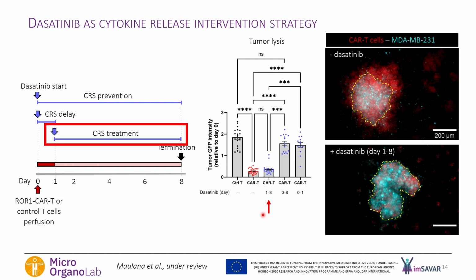So this is just an example of how we could use the system to test different strategies, meaning different duration and starting point of the administration of this pharmacologic switch-off method.